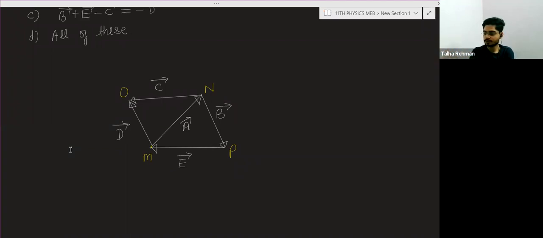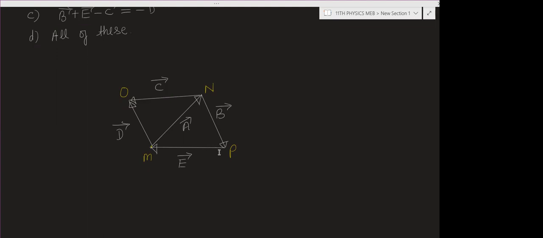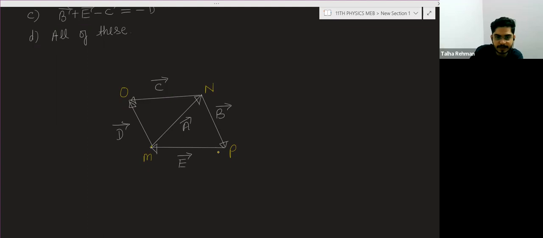That note you should know. So see this E vector, this A vector, and B vector are in the same order. So this is the triangle MPN.